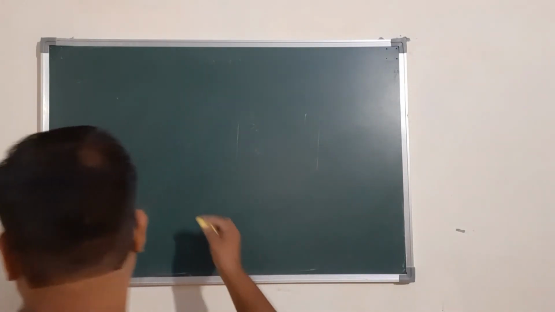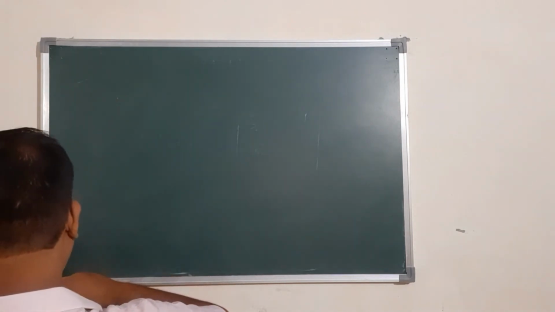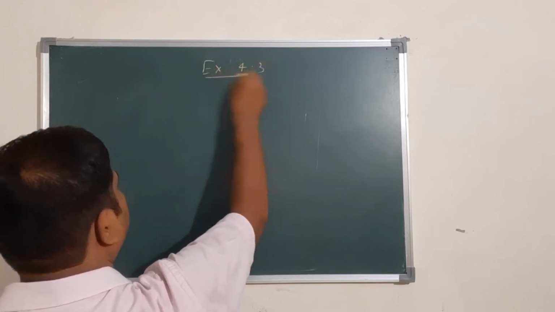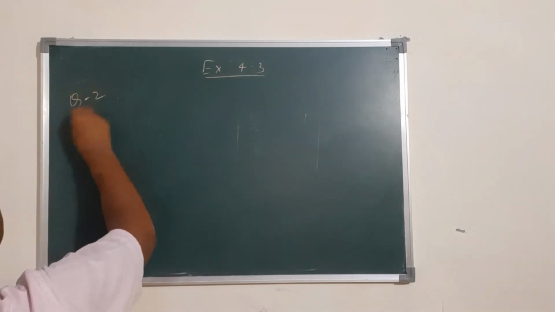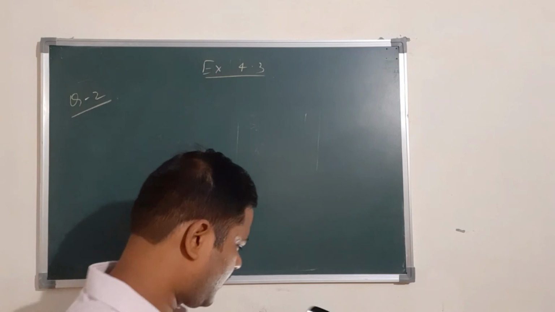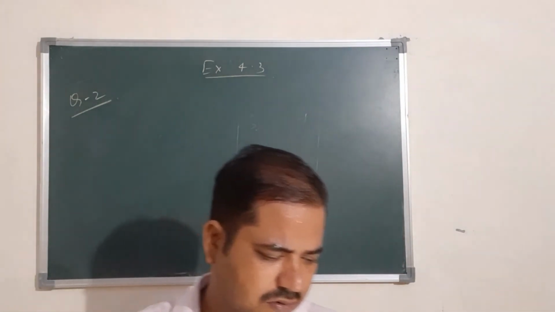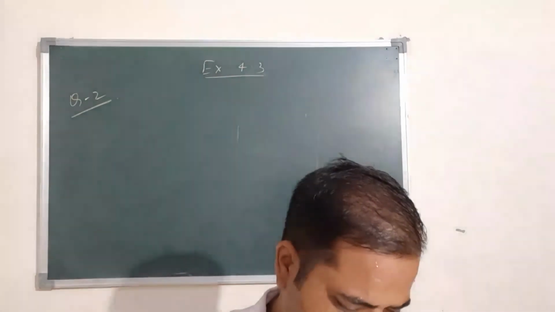Exercise 4.3, question number 2: the first one is very easy, find the area of the triangle with these vertices.